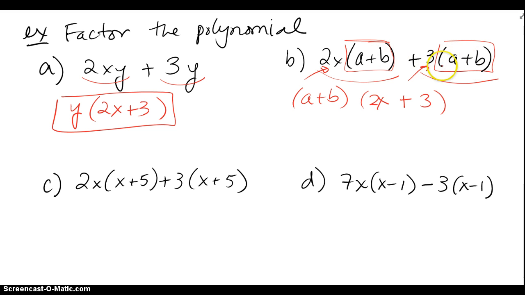So A plus B was a greatest common factor that they both shared. I pulled it out and I put it outside, even though it looked ugly and it was a binomial in itself and not just a monomial like the y. So this is my factored form because I have a product of two binomials with no thing in common in this binomial and nothing in common in this binomial.